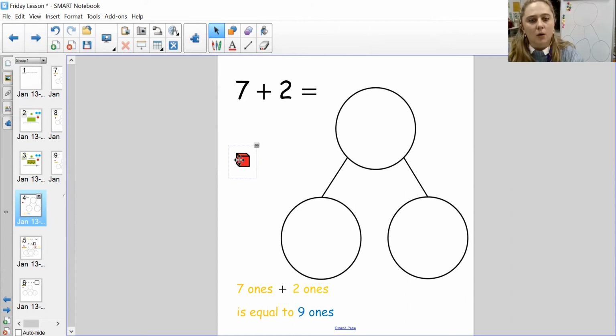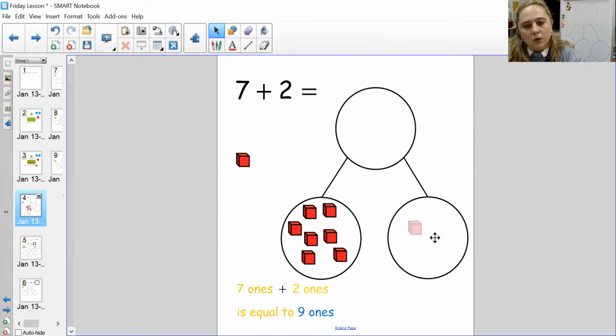Oh yes, we need to put 7 in here. 1, 2, I hope you're doing it too. 3, 4, 5, 6, 7, and a part of 2. So I need to put 2, 1, 2 in my other part. Have you done that? Fantastic.